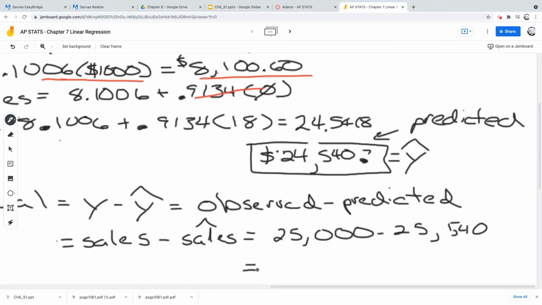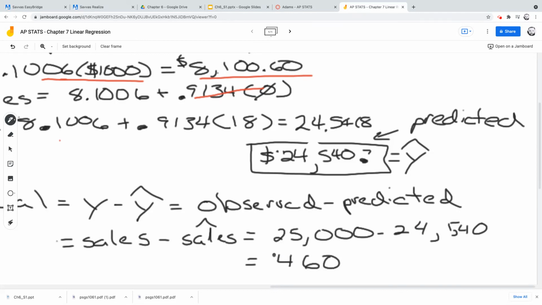And that is equal to, wait, it's 24. I wrote down the wrong thing. Yeah. This is 24. My bad. So then this is equal to 460.